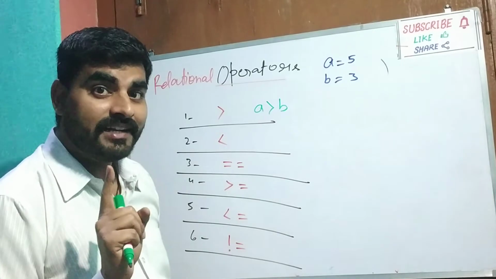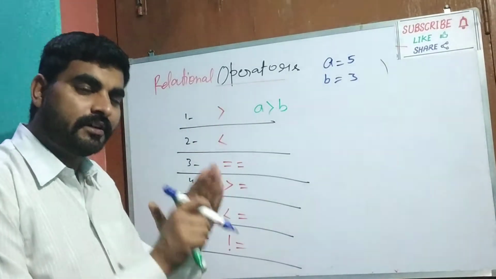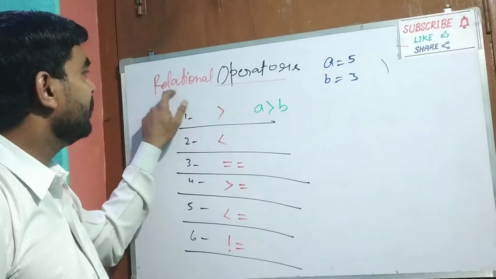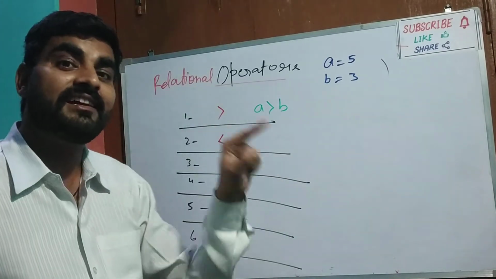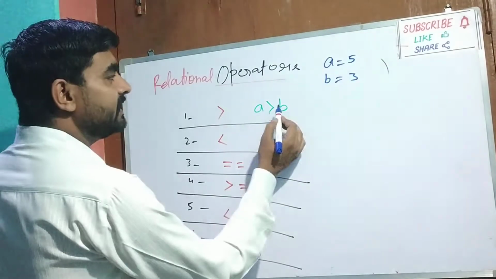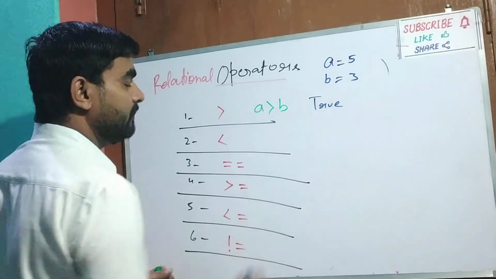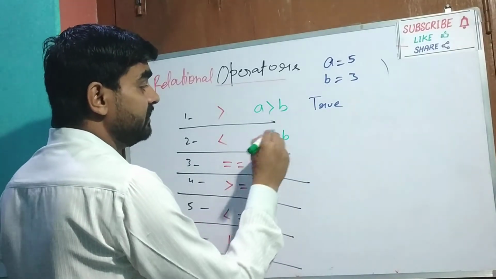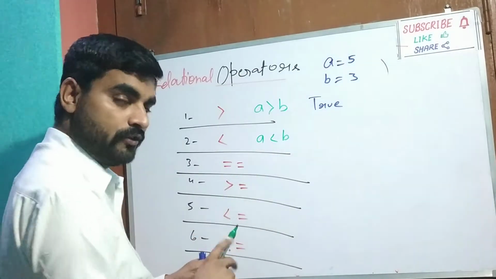You will not give any reason. You will say true or false. Yes, students, so a statement which gives true or false as a result comes under a relational expression. So a greater than b, based on these values, you will say true. If someone writes a less than b, then based on these values 5 less than 3, no, you will say false.